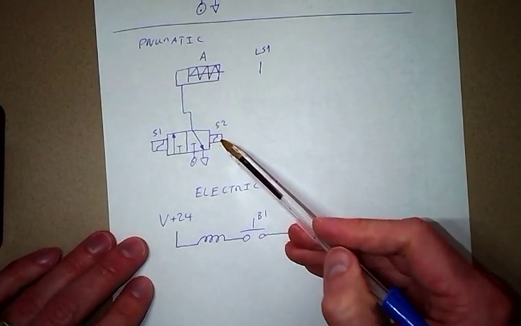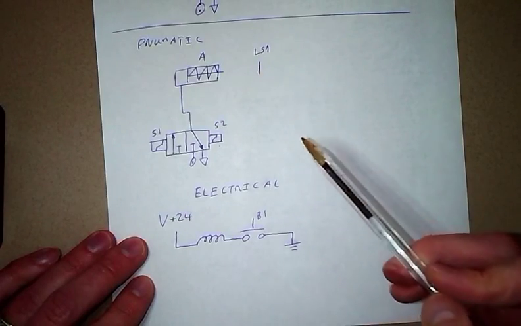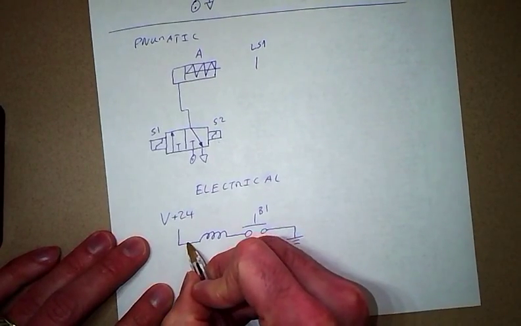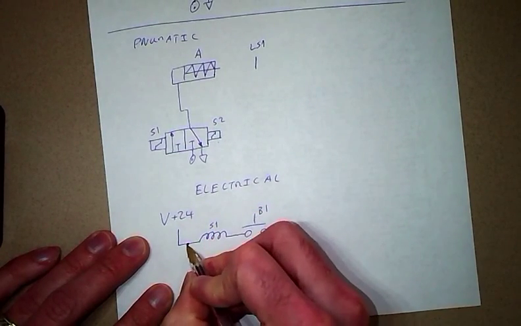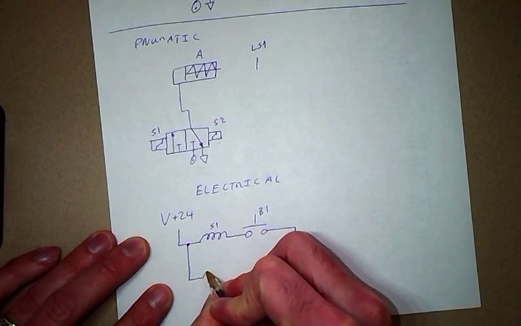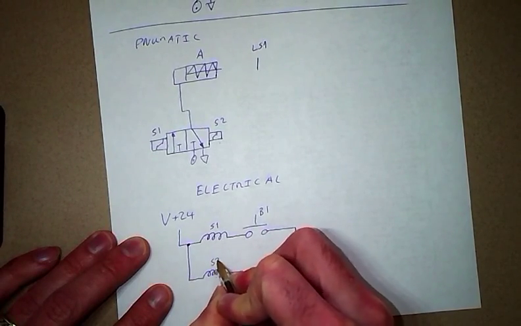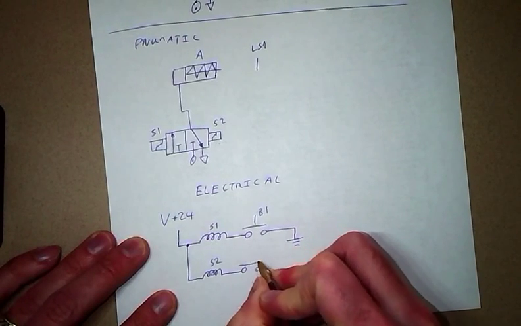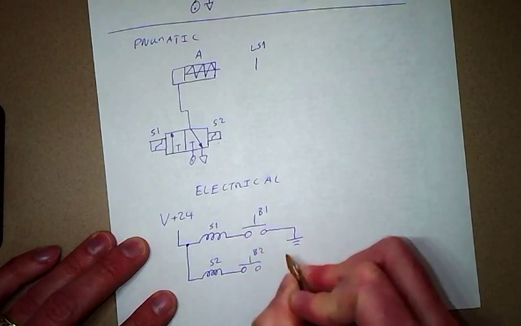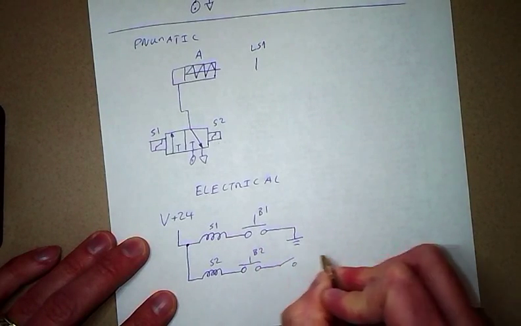And we wanted solenoid 2 to activate whenever the limit switch is reached and another button is pressed. So label this S1. And now for S2, we have another button and a limit switch. So it's a normally open switch.